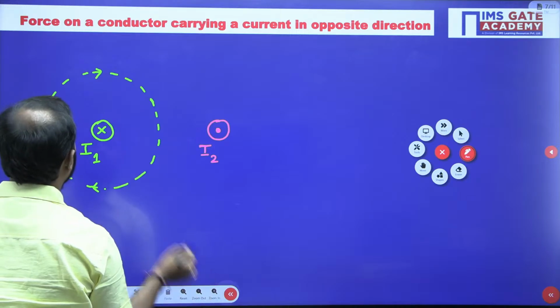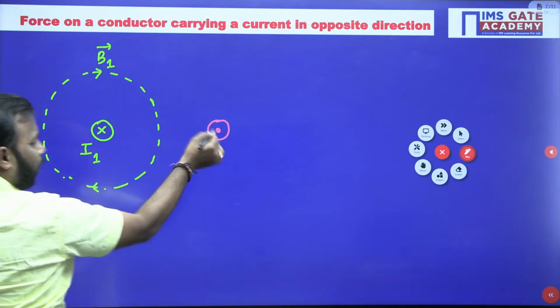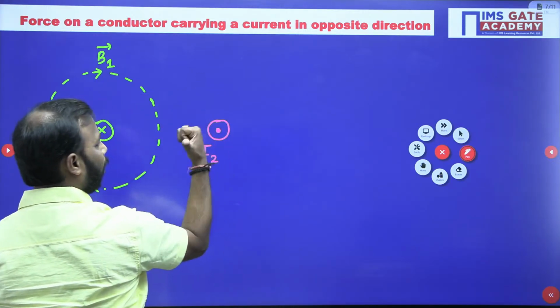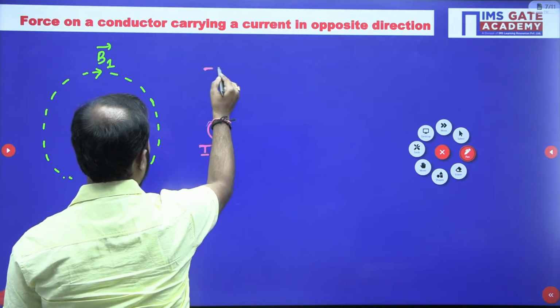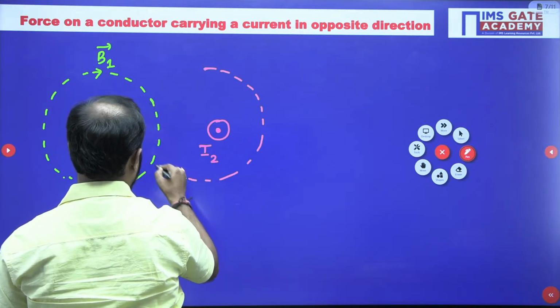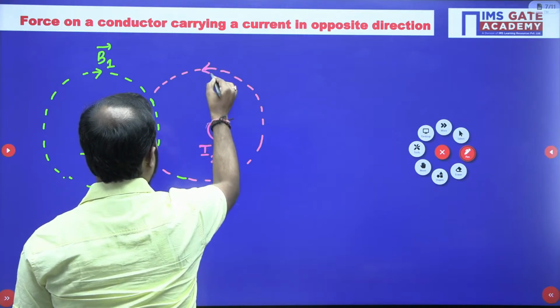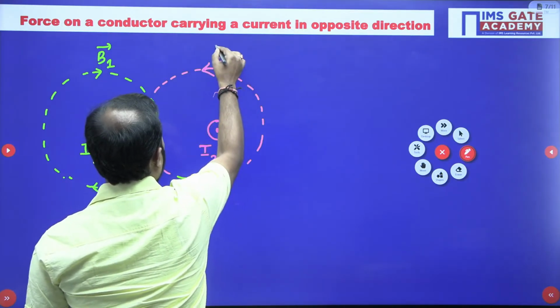So this is B1, and for the other one, see it is outside, so it will be anti-clockwise. So this is B2.